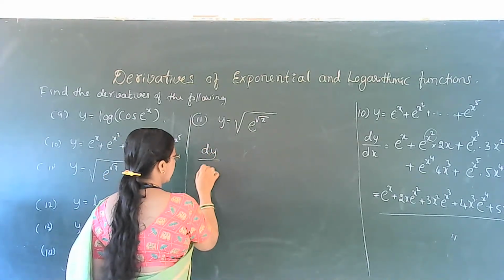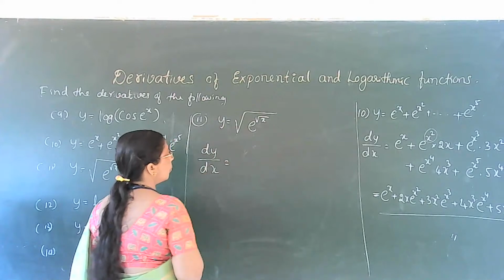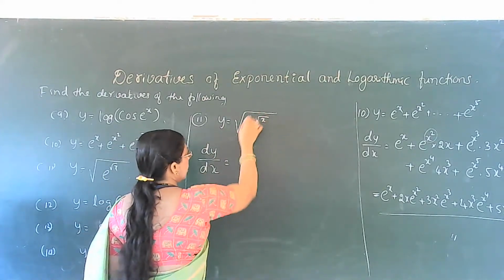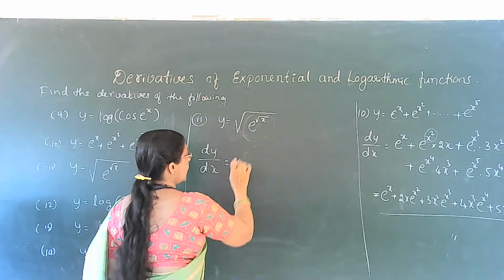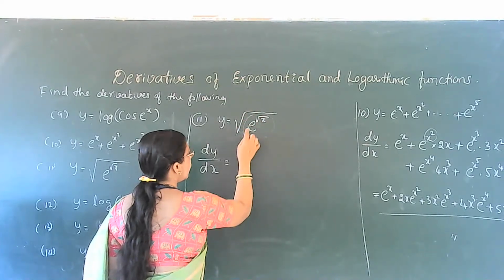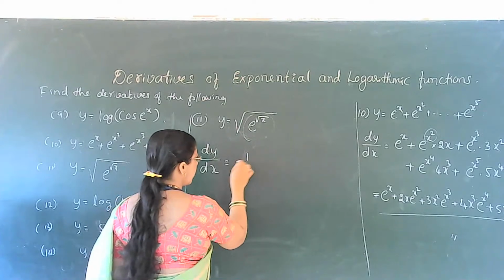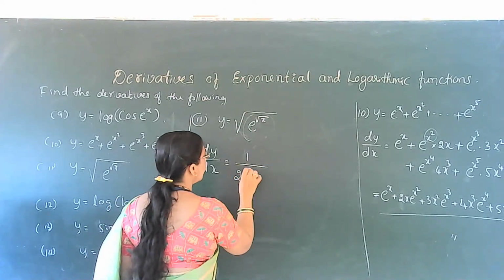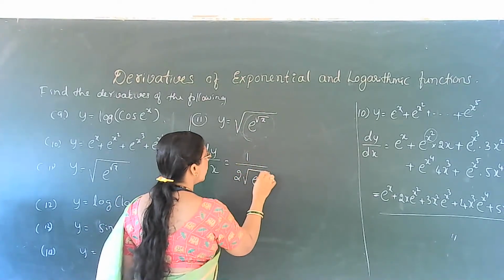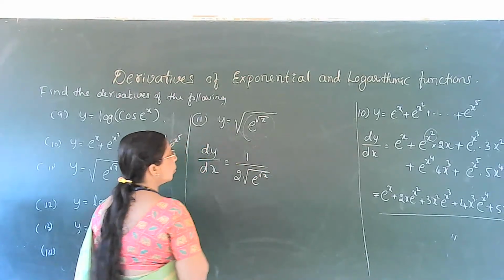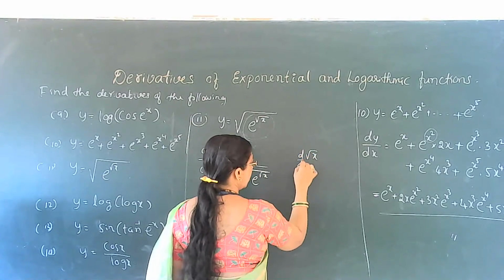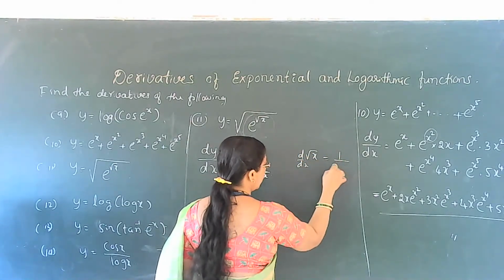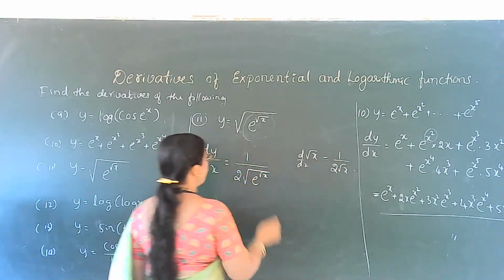First, dy by dx is equal to, we take it as a function, then derivative of this one is 1 by 2 root e to the power root x, into derivative of root x, which is equal to 1 by 2 root x.